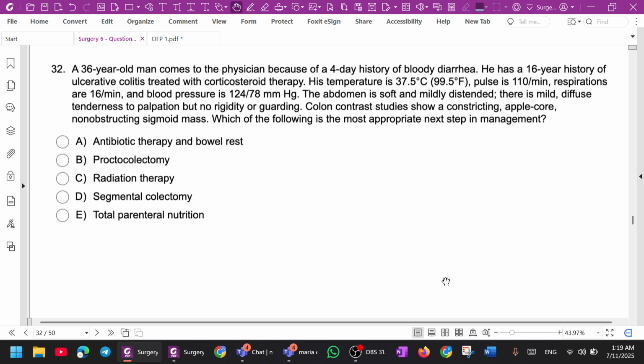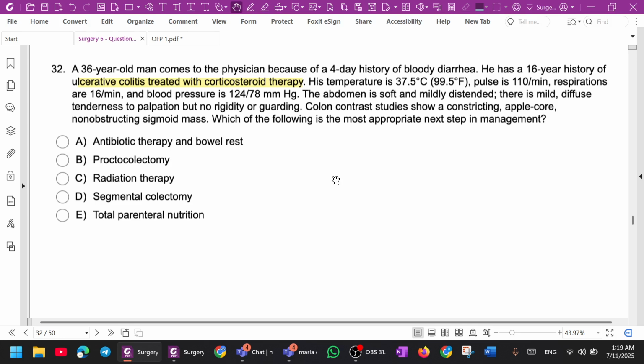A 36-year-old man comes to the physician because of a 4-day history of bloody diarrhea. He has a 16-year history of ulcerative colitis, treated with corticosteroid therapy. His temperature is 37.5, pulse 110 per minute, respiration 16 per minute, blood pressure 124 by 78.